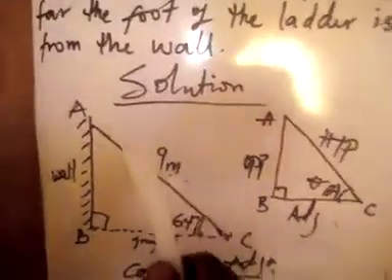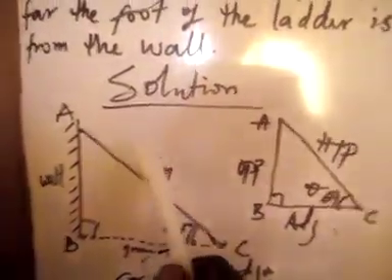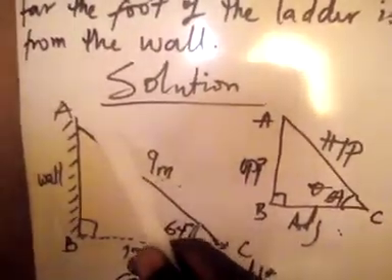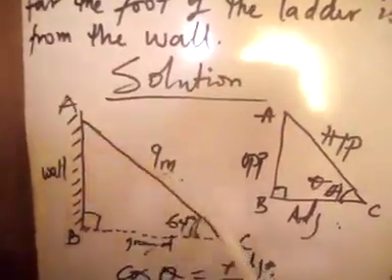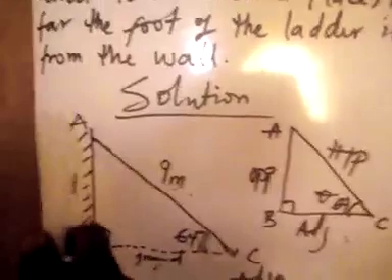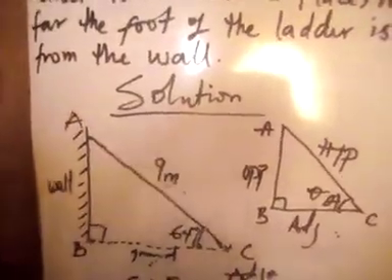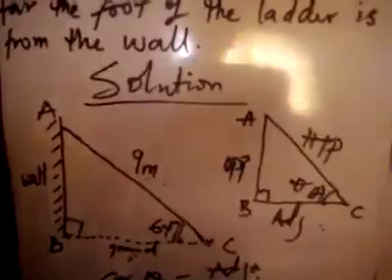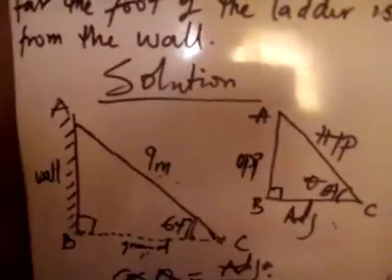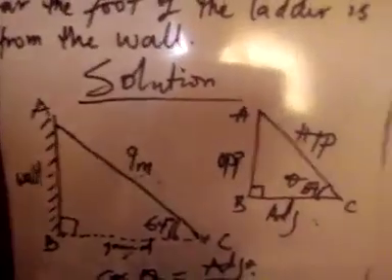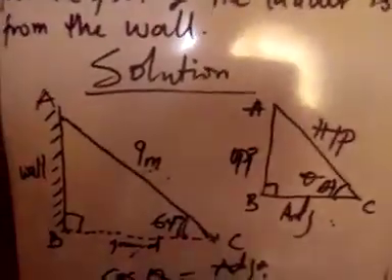It cannot be extended, it cannot be shorter. So no matter how you want to place your ladder, it will always be 9 meters. So we have AC to be 9 meters, and the height of the wall is not given. Should you want to find the height of the wall, there is a way we can do that, but we are not asked to find it.